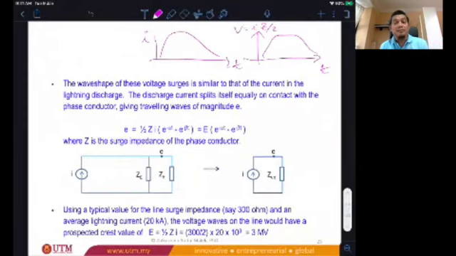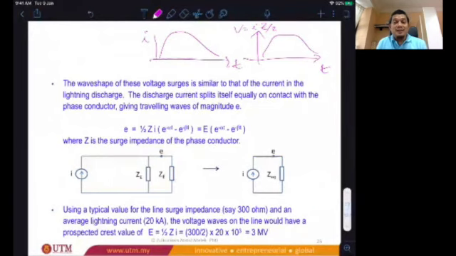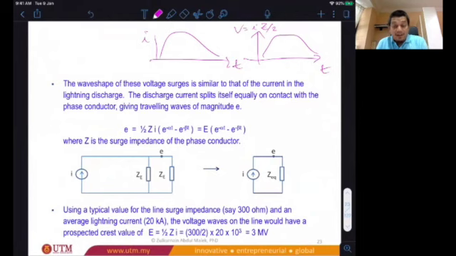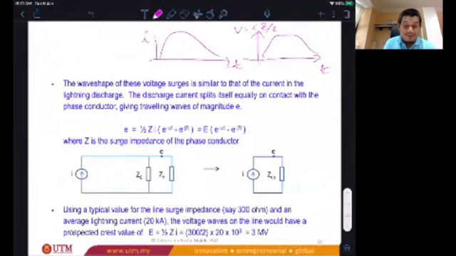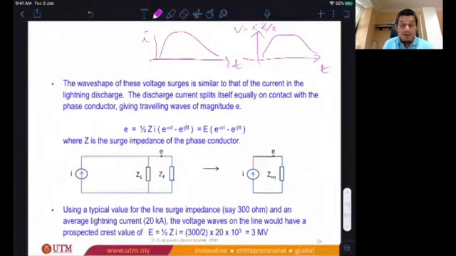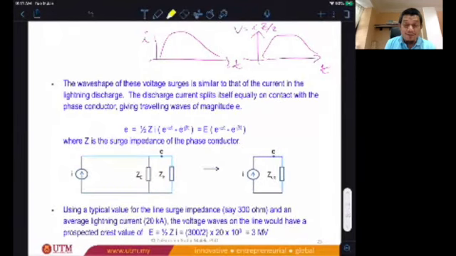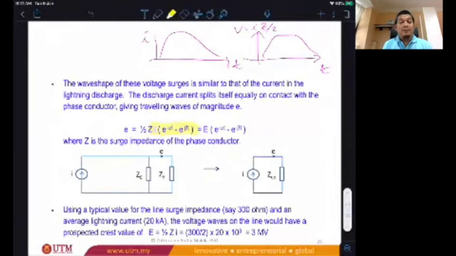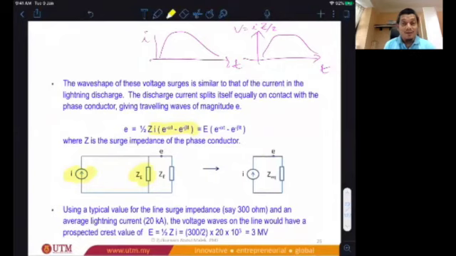So the surge propagation will follow the same shape. This is the first point. You can have the shape in terms of a mathematical equation like this, and then the voltage will follow the same shape. Now, the equivalent circuit is given by a current source with ZE now, the earth or the wire.